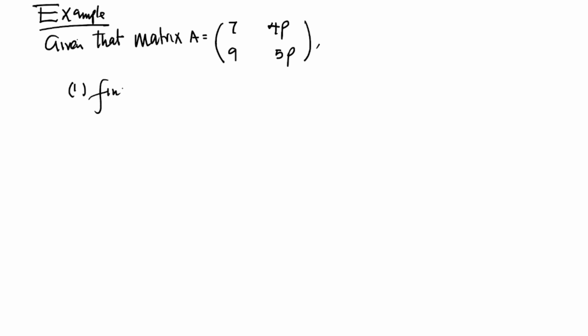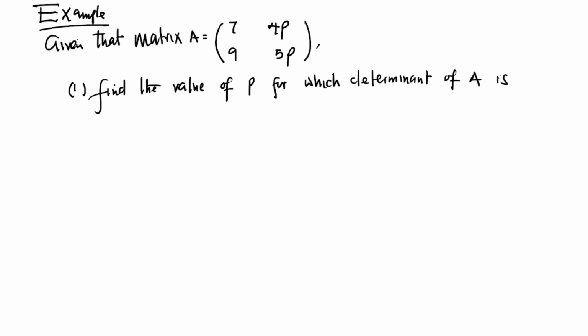Then find the value of p for which the determinant of A is -2.